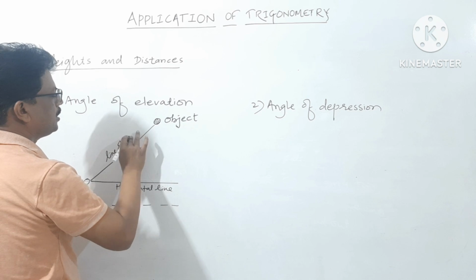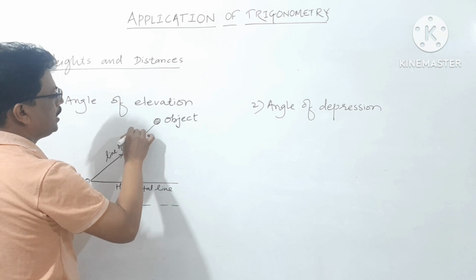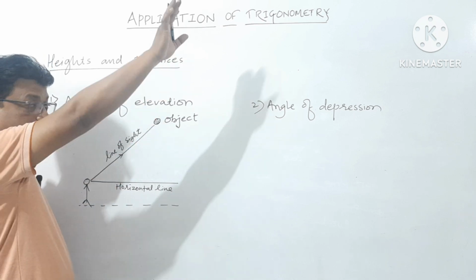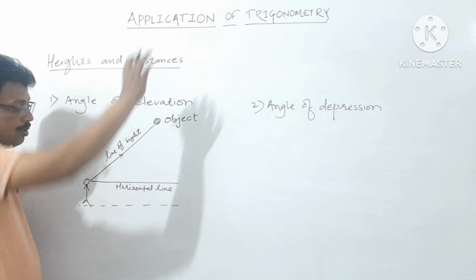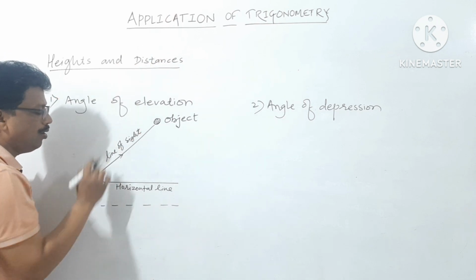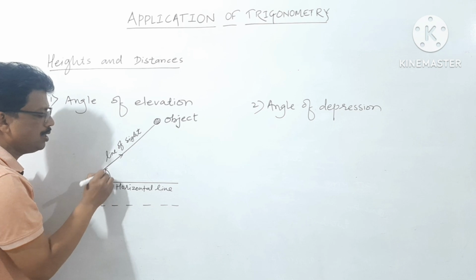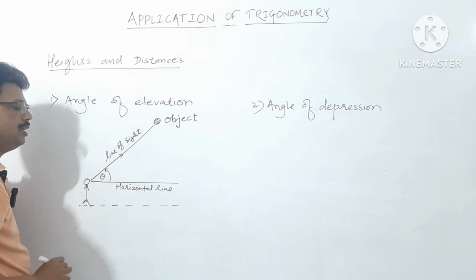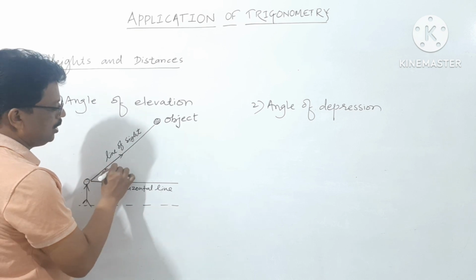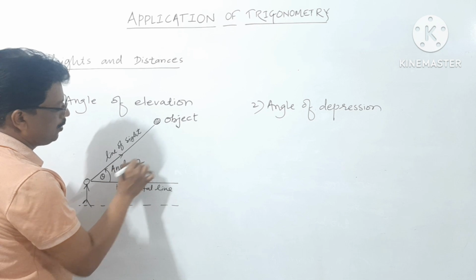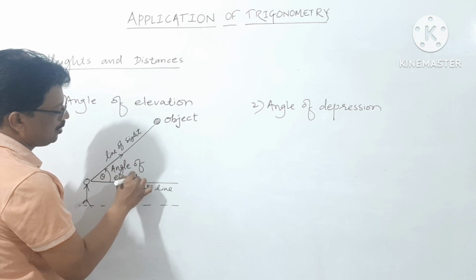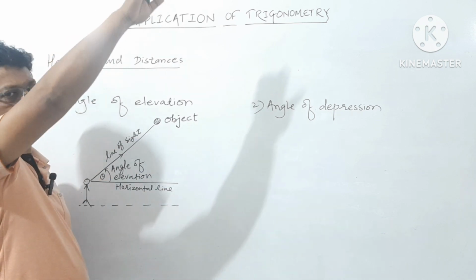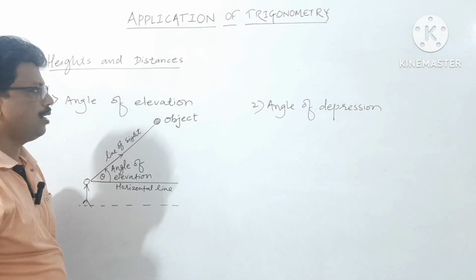The angle between the horizontal line and the line of sight is theta. This angle is called the angle of elevation. So if you want to see any object above you, you have to use the angle of elevation.